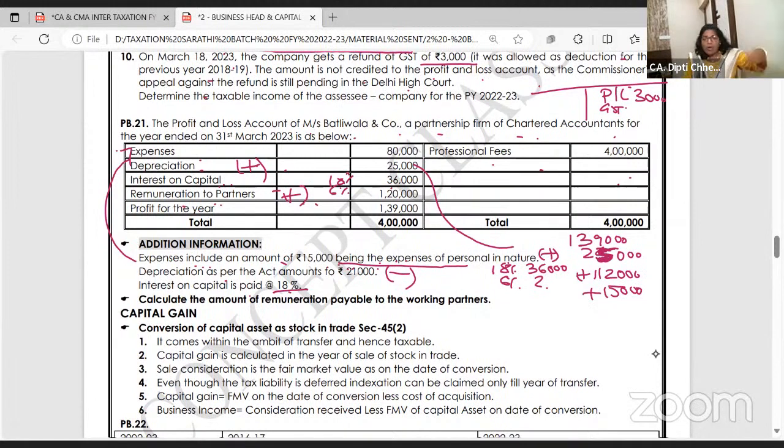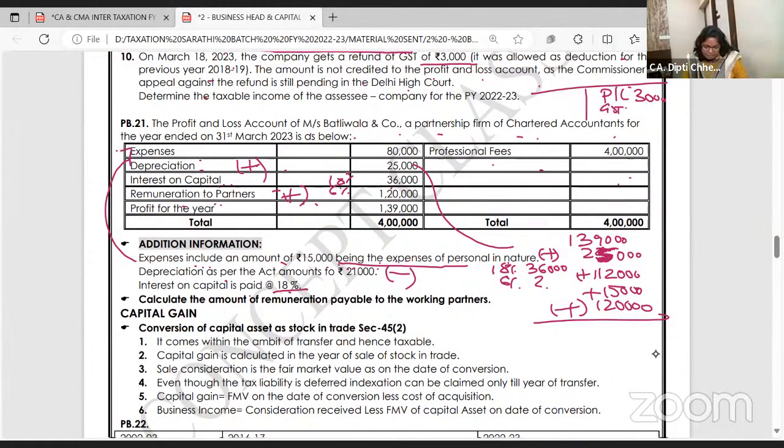Remuneration to partner already paid. After that you are getting 139. But 120 is wrong remuneration, so we want the correct profit before remuneration. Now is it clear? Because I am solving there itself where the problem is. 1,39,000, add 25,000, add 12,000, add 15,000 and add 120. Now you are getting correct answer.